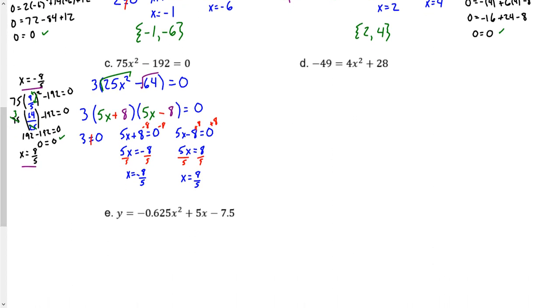The next one is almost the same identical work. We put that 8 over 5 in, and we still come out as 64 over 25.